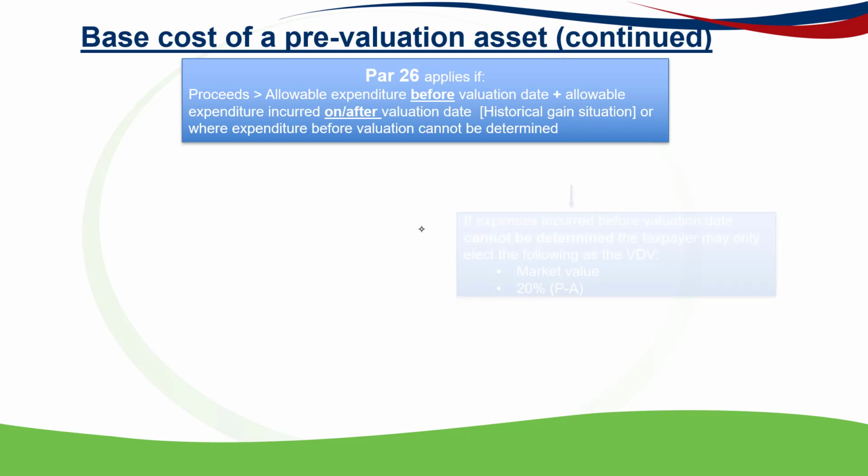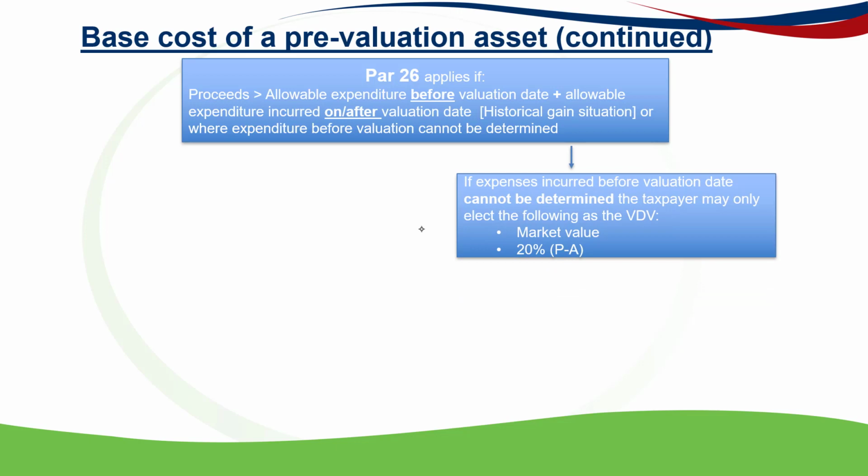If the taxpayer cannot determine the expenditure incurred before valuation date, they can select the valuation date value as either the market value or 20% of the proceeds less allowable expenditure.